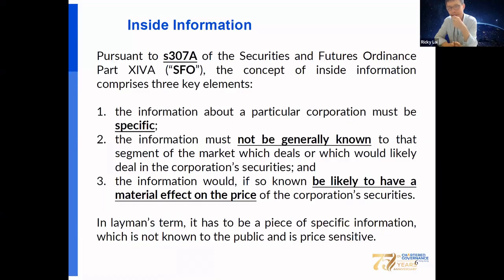Because the information is confidential, it must not be generally known to others, including the segment of the market that deals or is likely to deal in the company's securities.